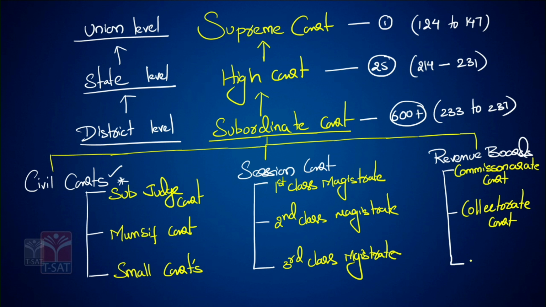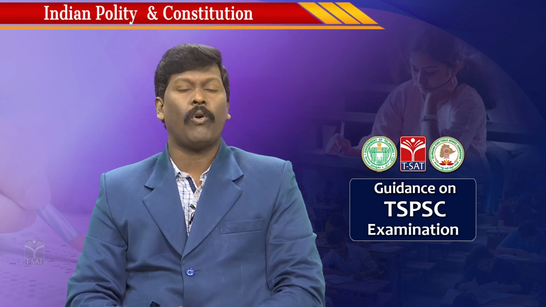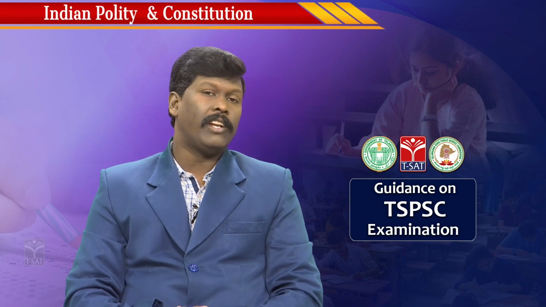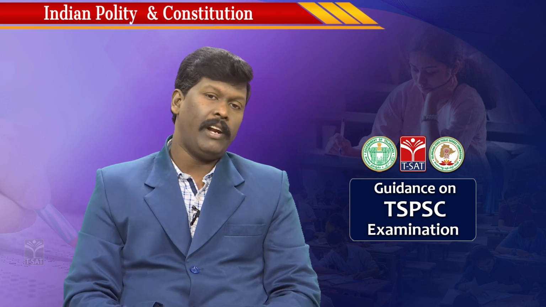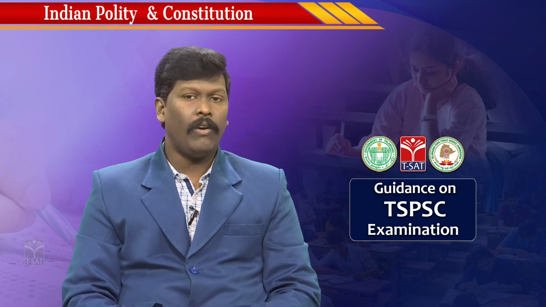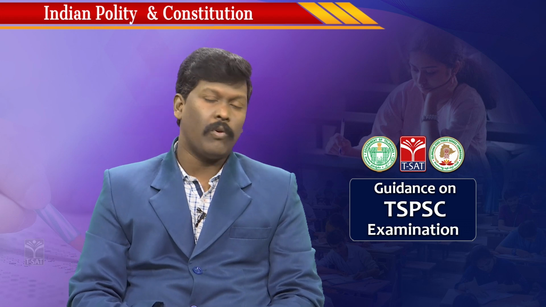And the third one is the Tahsildar court, your MRO, right? So, this is the entire hierarchy of the courts in India. We have an apex court at the central level, an apex court at the state level, and an apex court at the district level. Below the district level, we have court structures as decided by the state government as well as the high court.